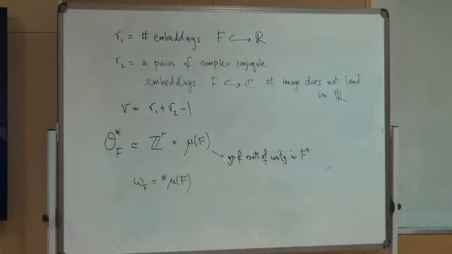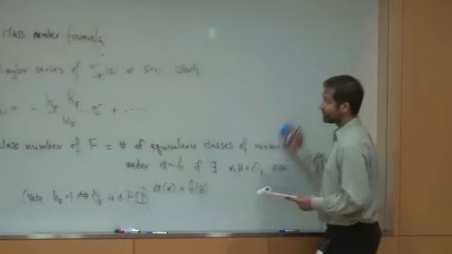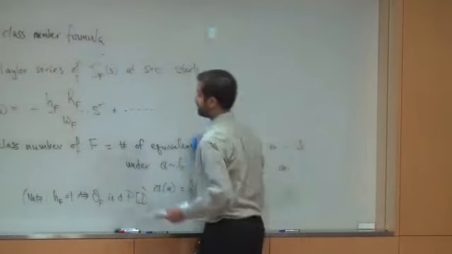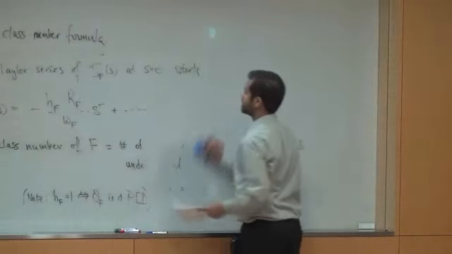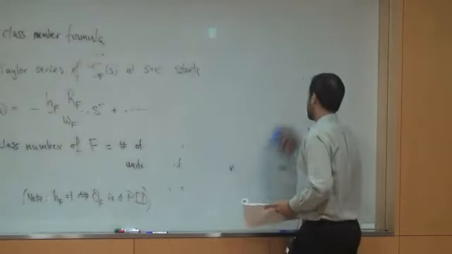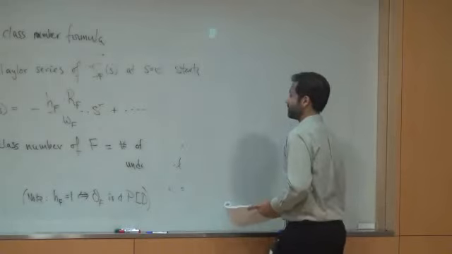Okay, and now the thing that I really want to concentrate on, and what's going to take up the remainder of the talk, is this idea of the regulator. So that's the last term that shows up in this formula. And that's the most interesting term in the sense that the other terms are rational numbers. Everything I've defined is rational.